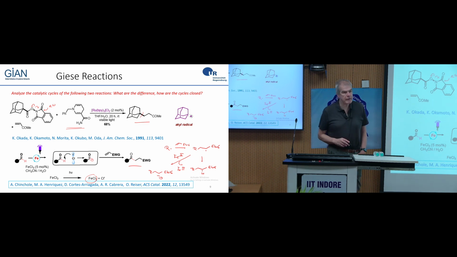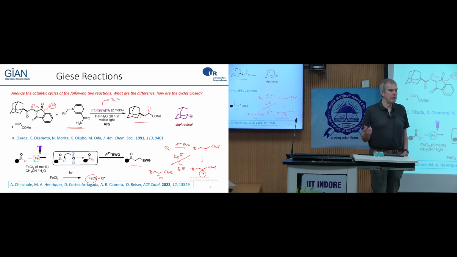How is the catalytic cycle closed here in the top reaction? Because ultimately you need somehow also to get the same type of product, right? So here is the hydrogen which ends up in the product. And you go from ruthenium 2 to ruthenium 3, and this is the electron you inject here into the system.